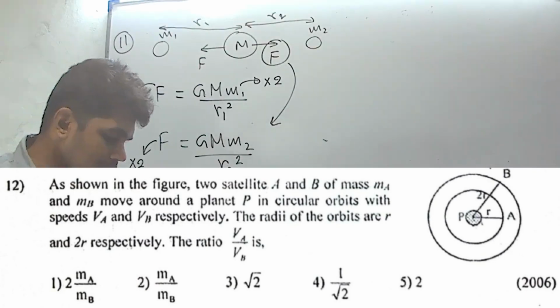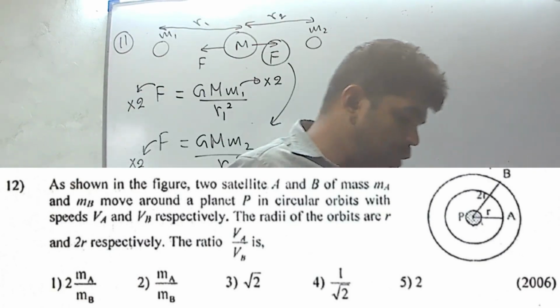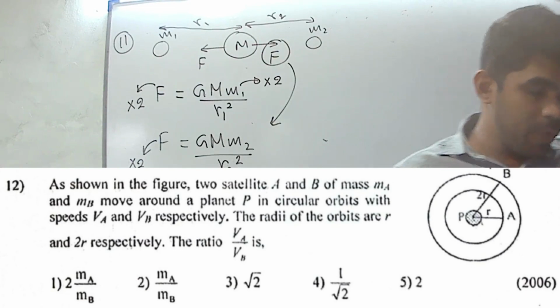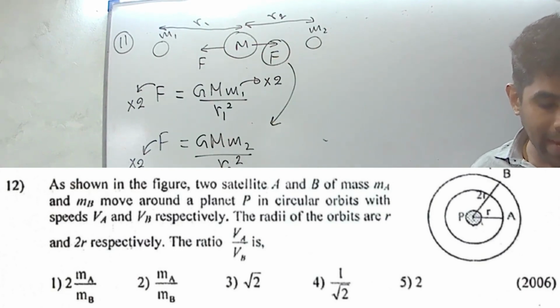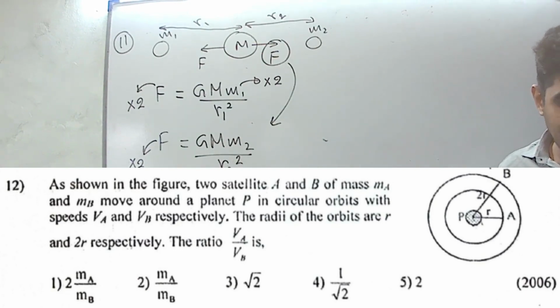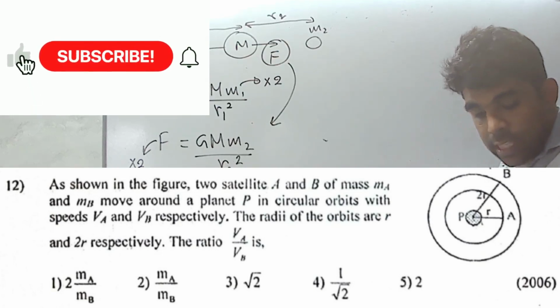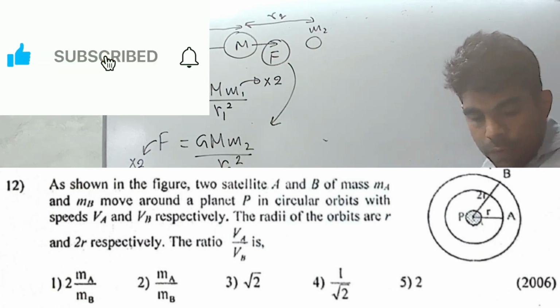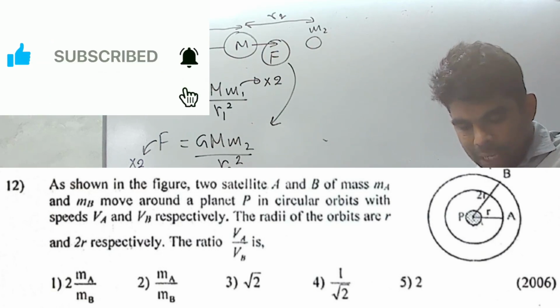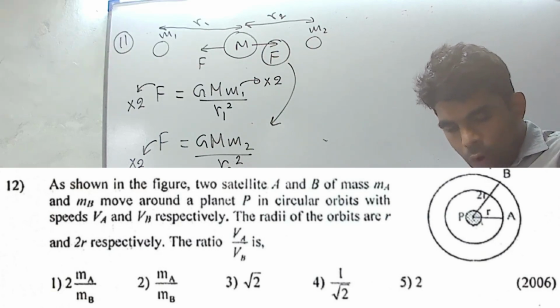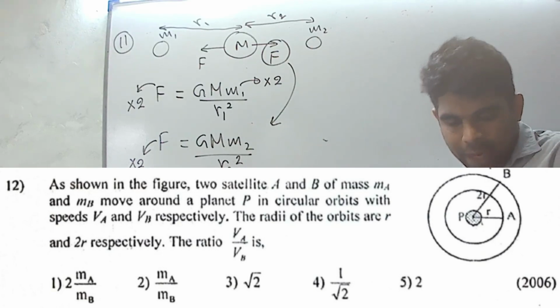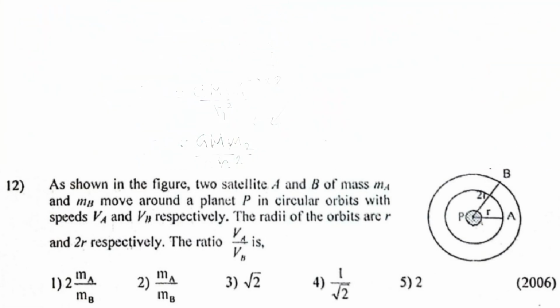Then question number 12. As shown in the figure, two satellites A and B of masses MA and MB move around planet P in circular orbits with speeds VA and VB respectively. The radii of the orbits are R1 and R2 respectively. The ratio VA over VB is.